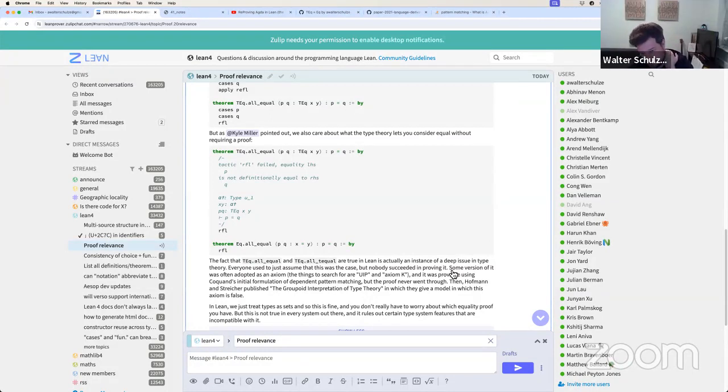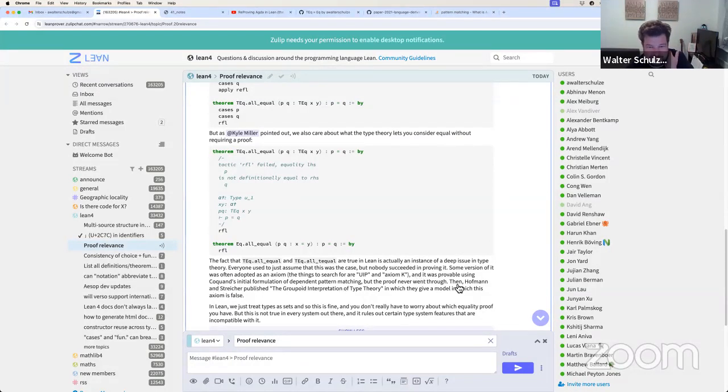Here it says some version of it was often adopted as an axiom. The things to search for are UIP, which we just covered, and axiom K, which we just talked about.